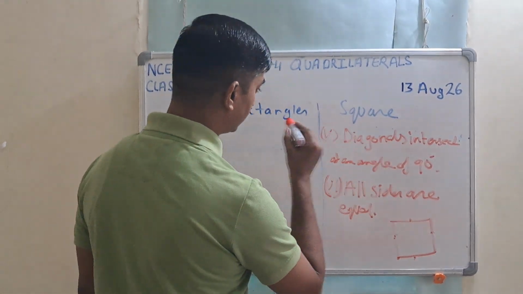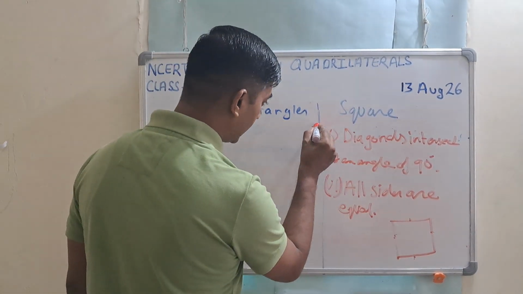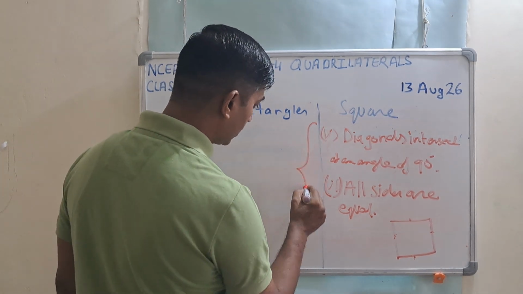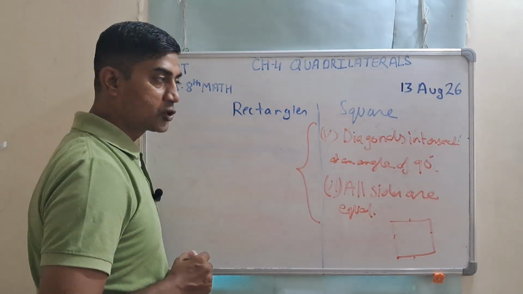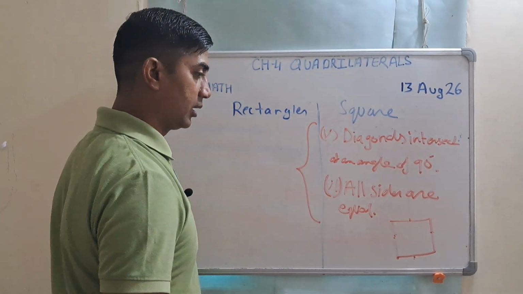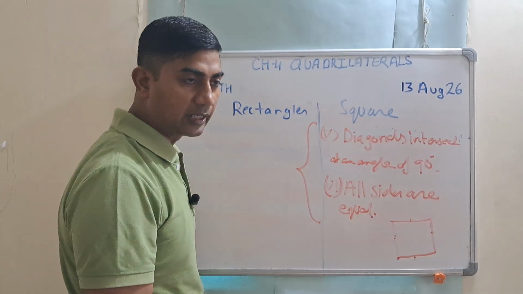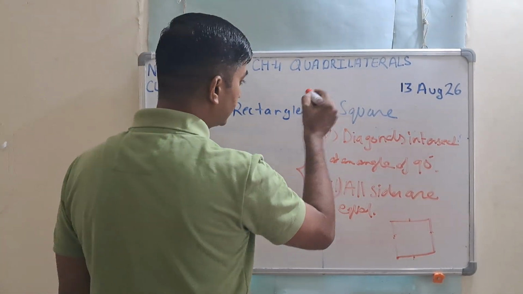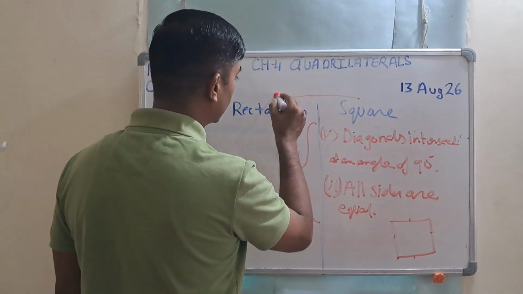These two points differentiate the special features of the square. Otherwise it will become a rectangle, and if it does not satisfy a rectangle, it will become a quadrilateral, because these are the types of quadrilateral. Understood?